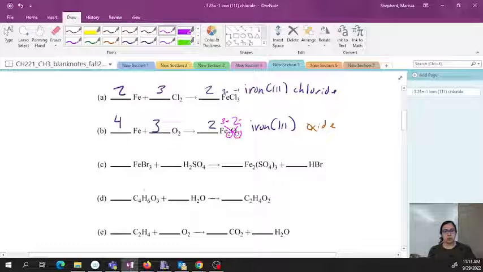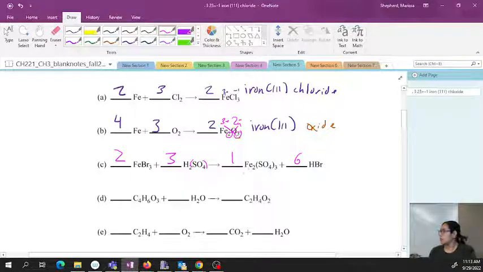All right, so this one could have been a little tricky. My one hint is you have this SO4 group, and you could try to balance that as just one big group since it doesn't look like it splits apart. So do we get coefficients for this one? 2, 3, 1, 6.